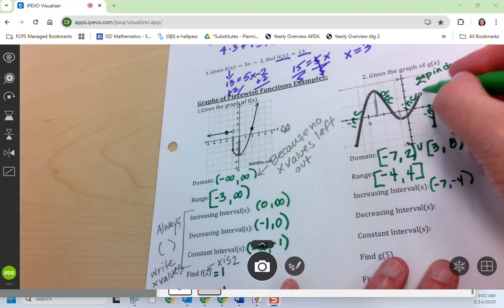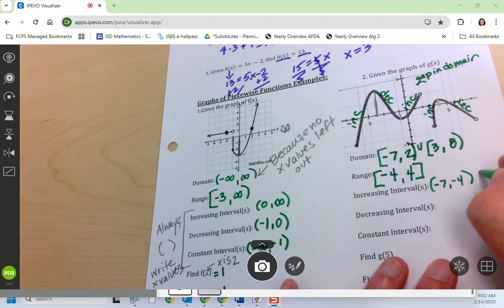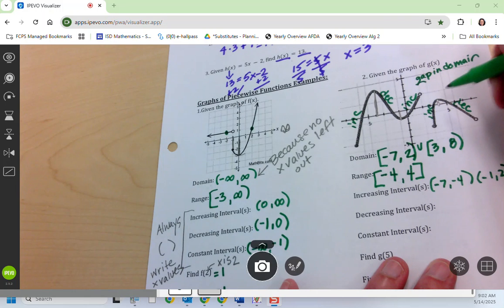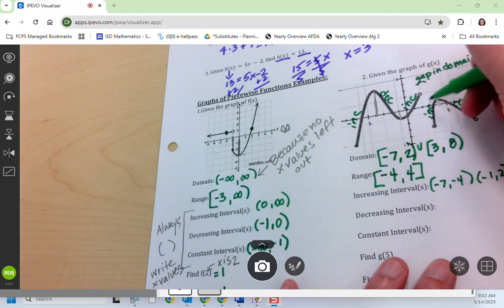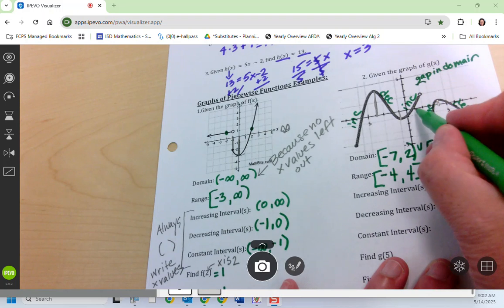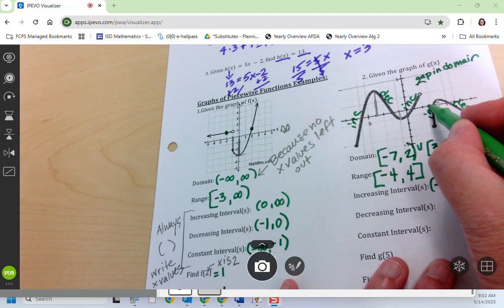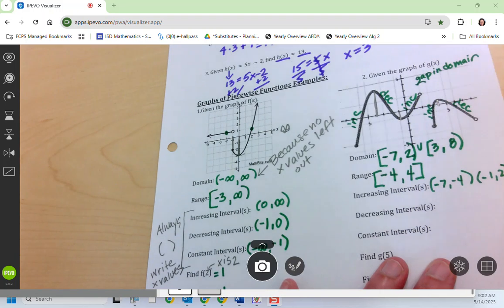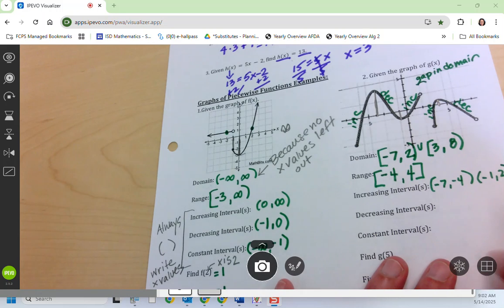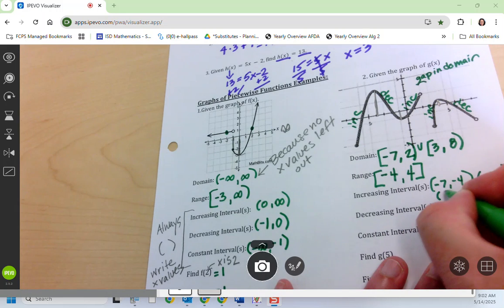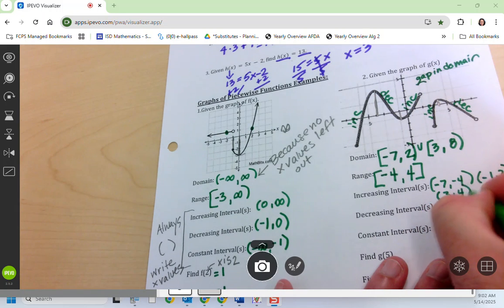The next one is -1 to 2. And this one is a little bit tricky. I think it ends at 4. Actually, I'm confused about these numbers. 1, 2, 3, 4. Did anybody put 3 to 4 for that one? Yeah. I think I'll go with 3 to 4. It's probably some sort of decimal, but it's too hard to read.